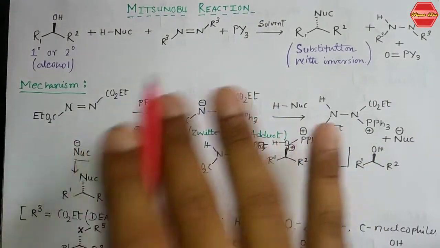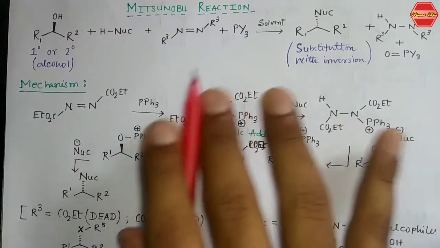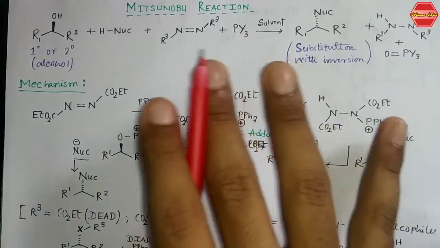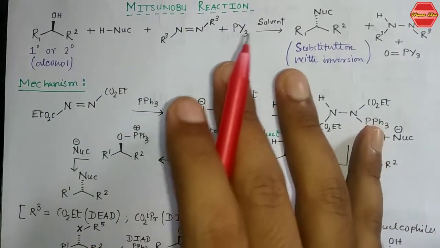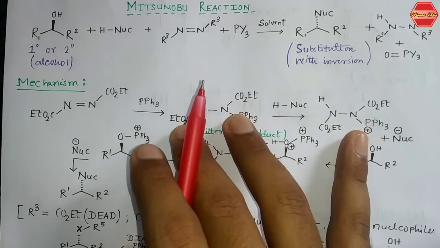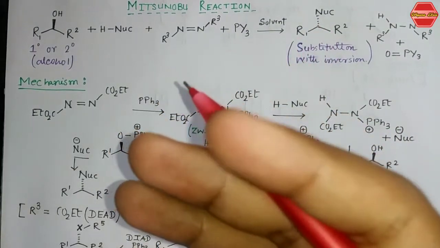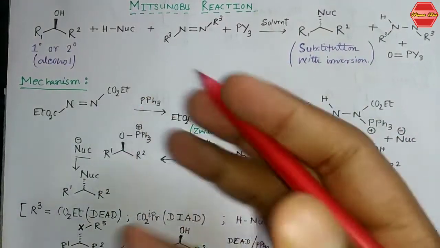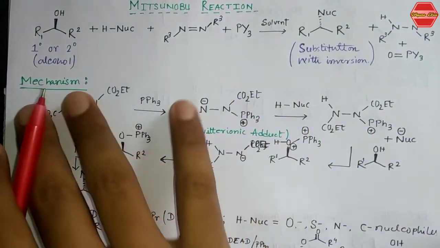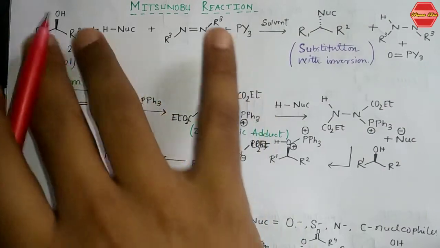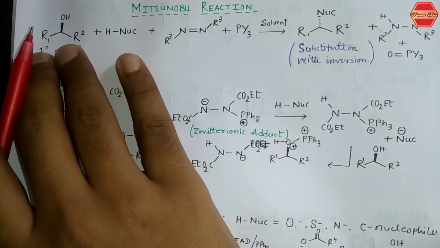When you look at the overall mechanism and the reagents, you can easily predict that it's a modified version of the SN2 reaction, where inversion of configuration takes place. So that is why this reaction is important.